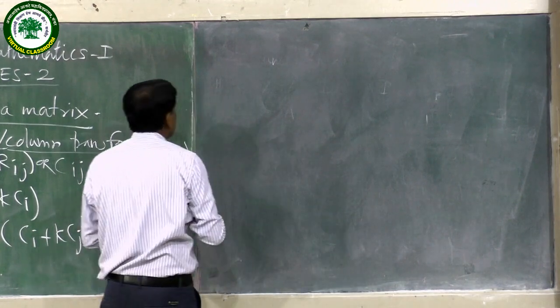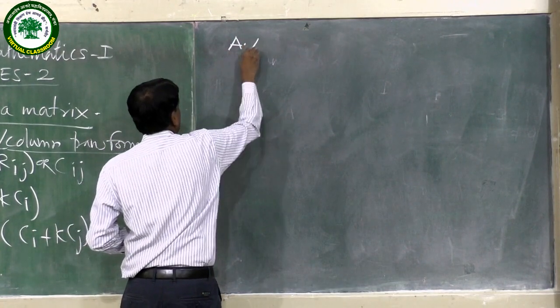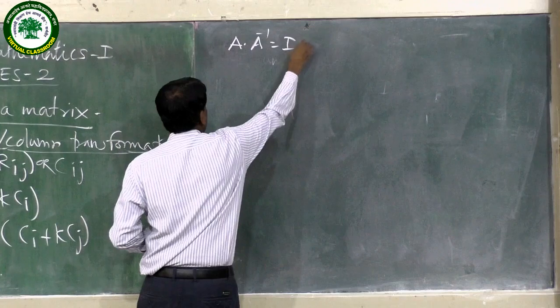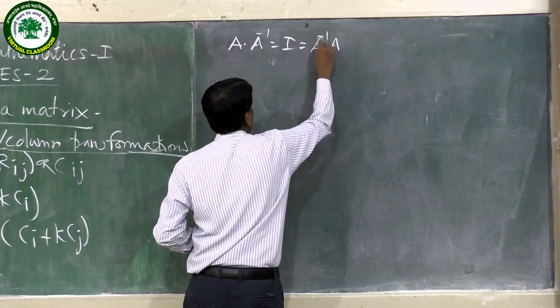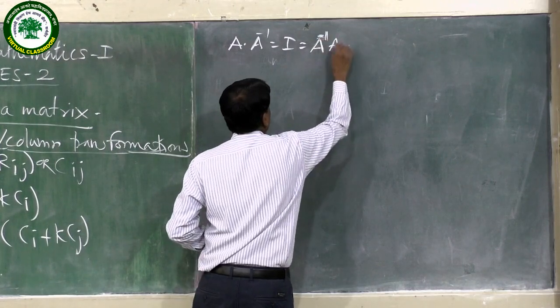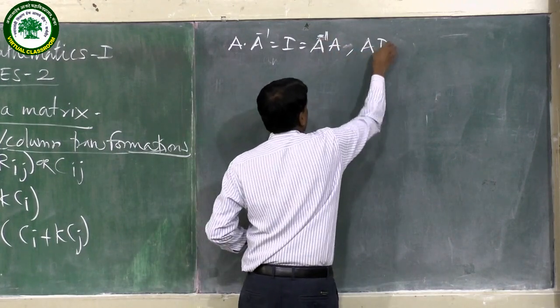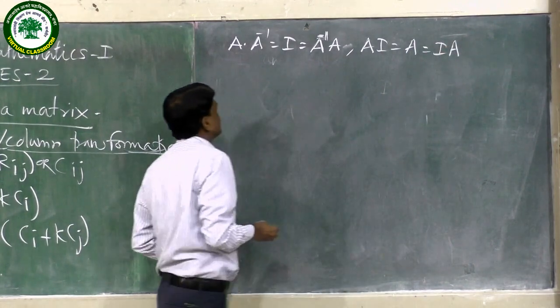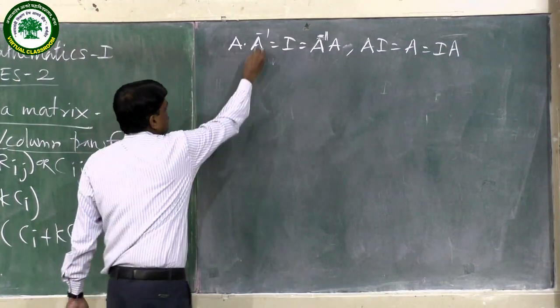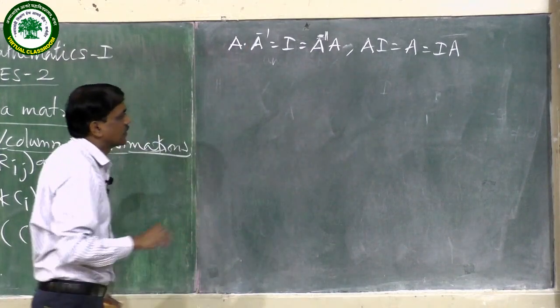I write these properties here. A into A inverse is equal to I is equal to A inverse into A, or A into I is equal to A is equal to I into A. These two properties are very important.